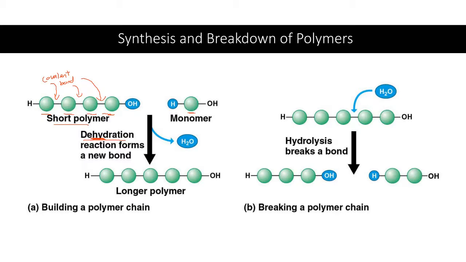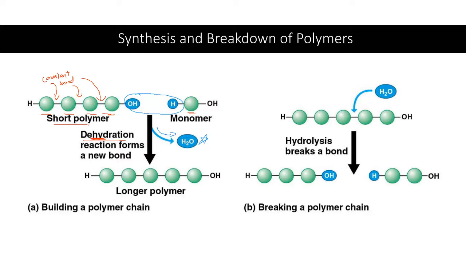So what's going to happen, and I will do this with blue, is there's an OH group here and a hydrogen here, and we're going to remove them. 2 hydrogens and an oxygen make a water molecule. So you see how we lost this water molecule? But by losing this water molecule, guess what we make?